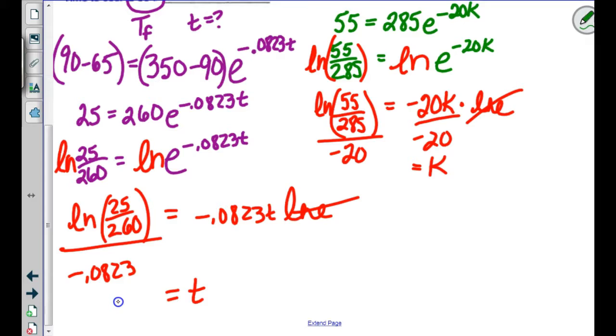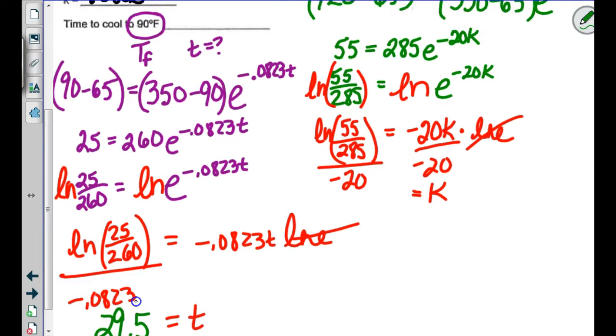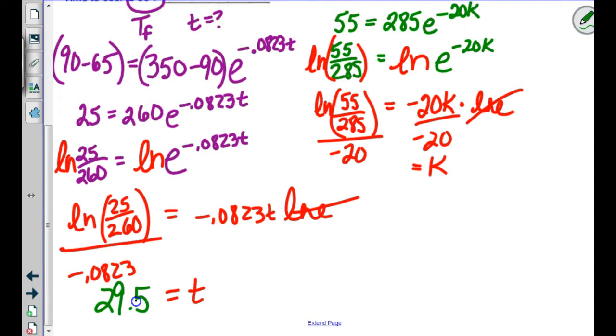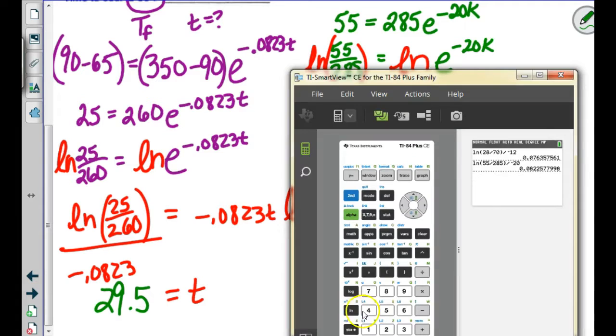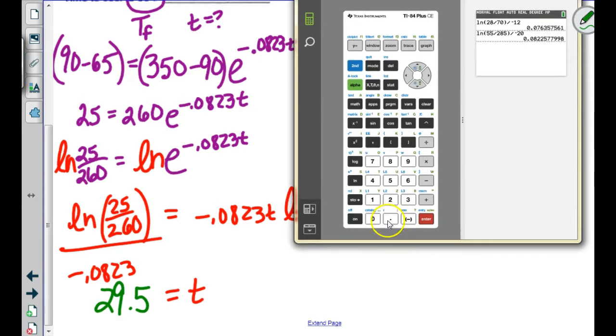Can't hear over that thing. What? Thank you. Did anybody else get 29.5? No? Yes? Does it round differently depending how many places you went, or you got 0.6?